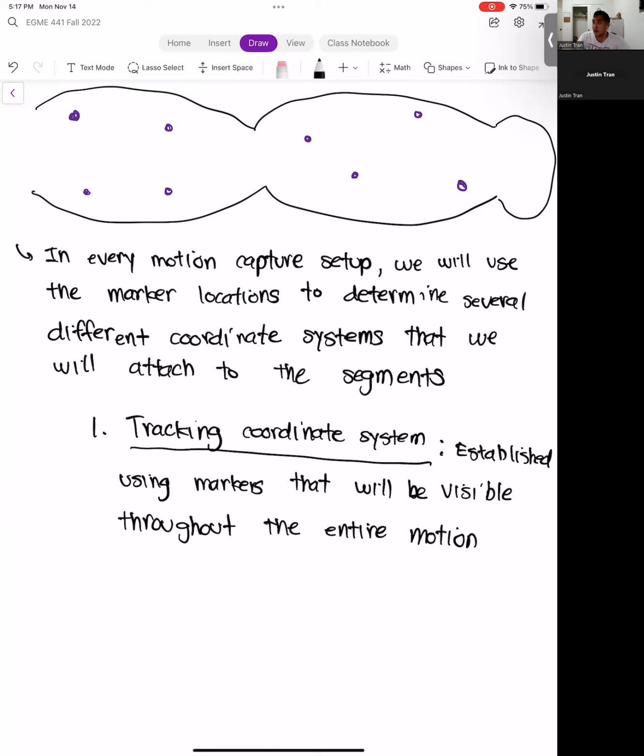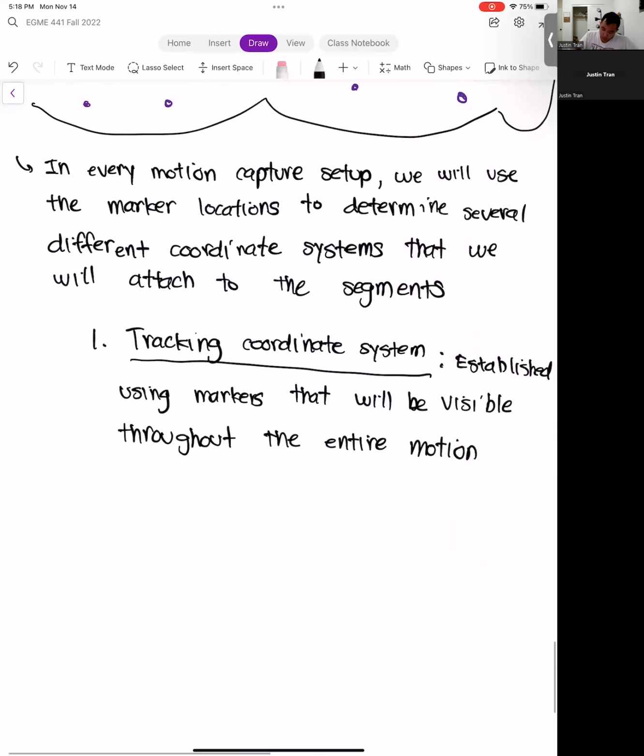Usually you establish this with markers that are placed in locations that are always going to be visible, so you should always see them in the motion. Often we call this the TCS for short.